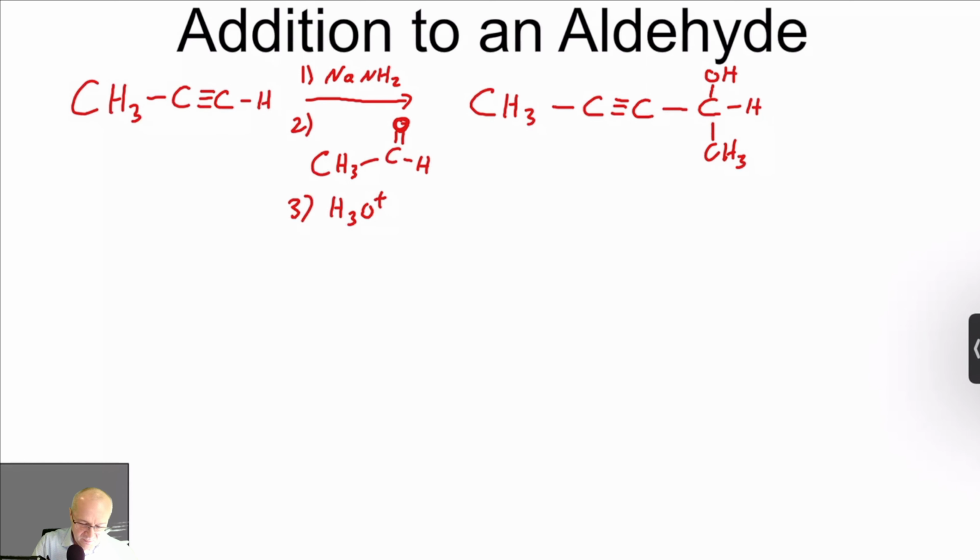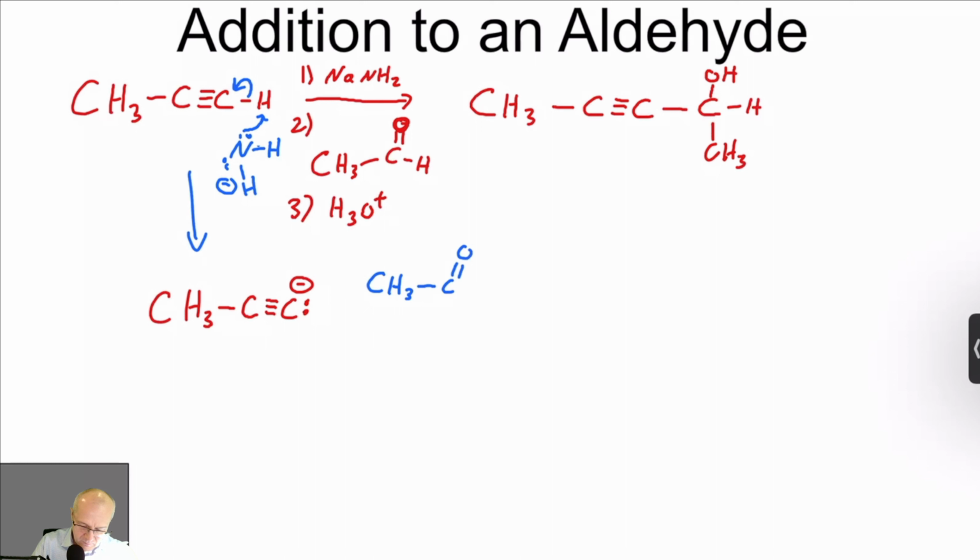So let's go up here, draw out the NH2 negative. And of course, we've seen this before. It just deprotonates. All right. Now bring in the aldehyde. Attack the carbonyl carbon.